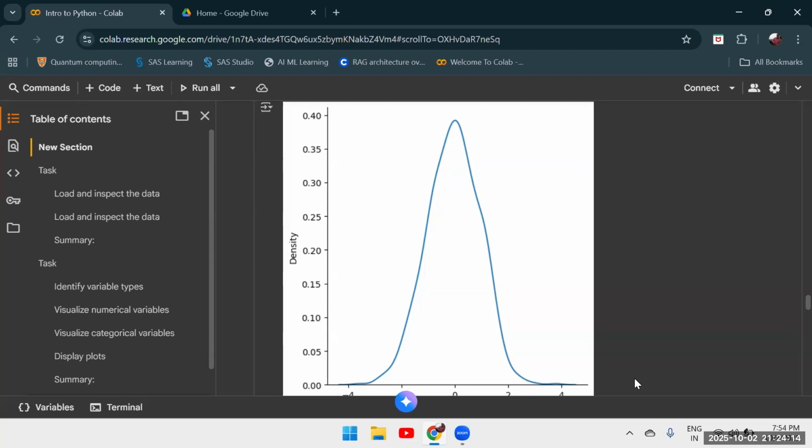So I get to see a lot of information, and with this information I'll be able to do many things. Hence, I'm making use of this normal distribution.